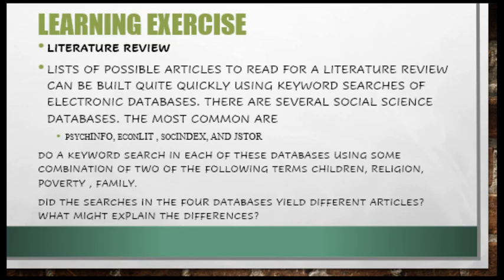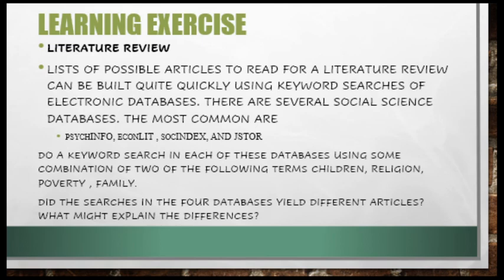If you want to search a certain topic for literature review, you can use keyword searches. Let me read the next. Do a keyword search in each of these databases using some combination of two of the following terms: children, religion, poverty, or family. Again, you can only choose two from among these four terms.